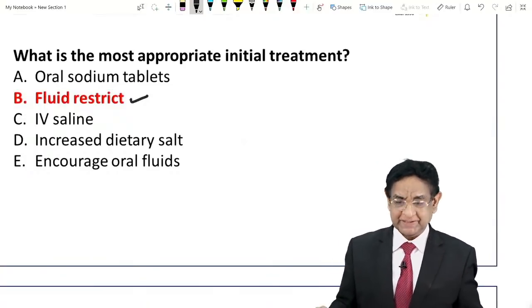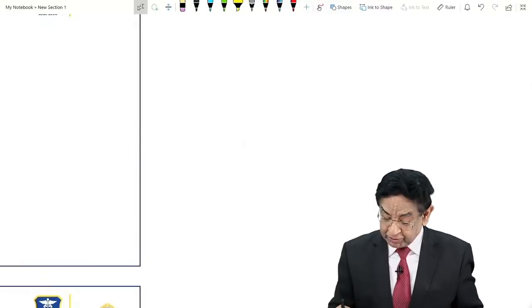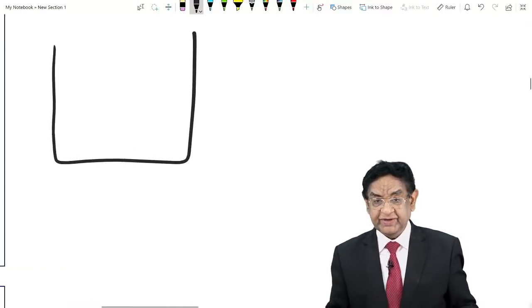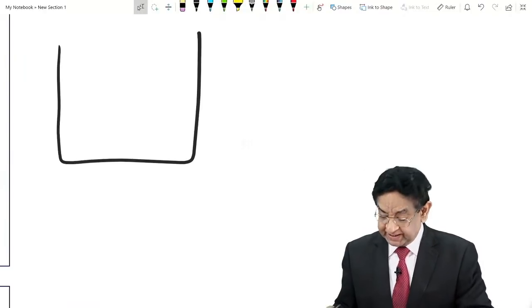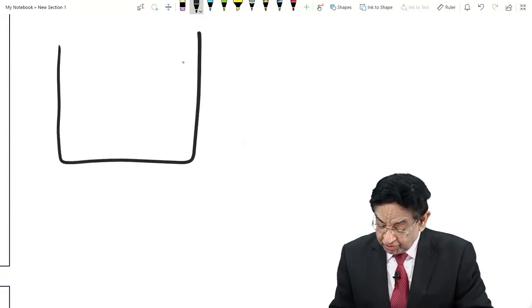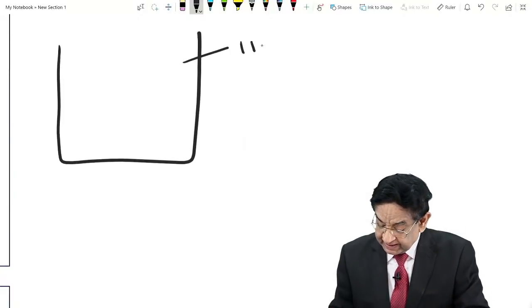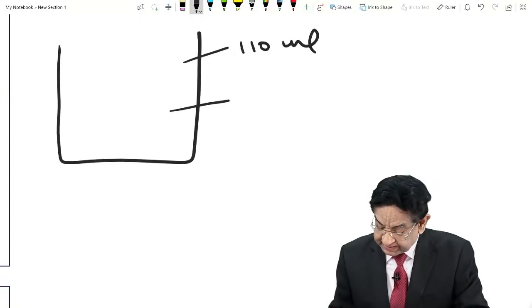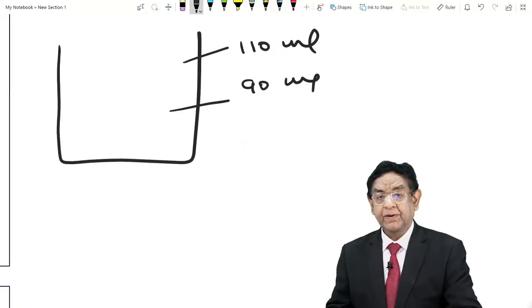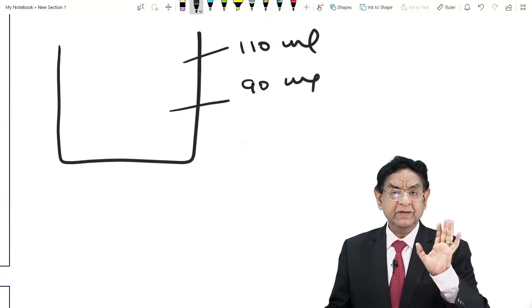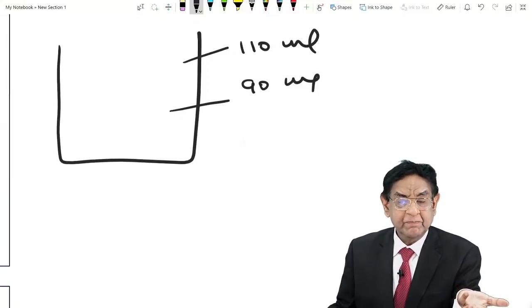Again, go back to the basics. Go back to the basics. We learned in the very early stage that we have a case of SIADH where the volume is slightly on the higher side. Let's say 110 ml is the volume, and let us say 90 milligram is the salt, right? So the patient has hyponatremia.